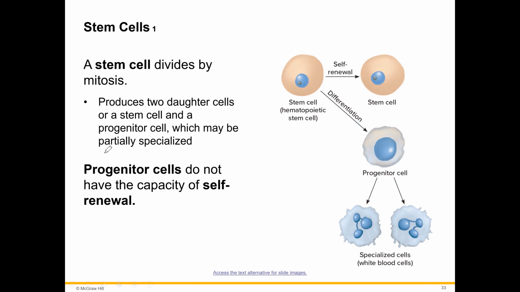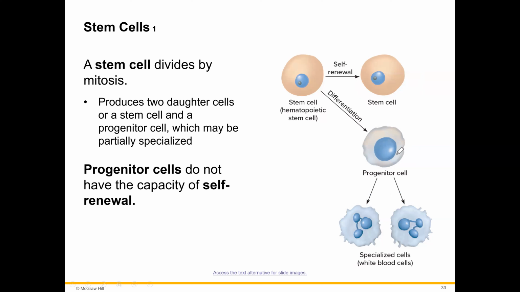It might be partially specialized. Now, progenitor cells cannot be a stem cell anymore, right? They are cells that will differentiate into some specialized cells, but they cannot become a stem cell, at least if not induced. So progenitor cells do not have the capacity of self-renewal. So when progenitor cells divide, they make specialized cells, so you don't have other progenitor cells.